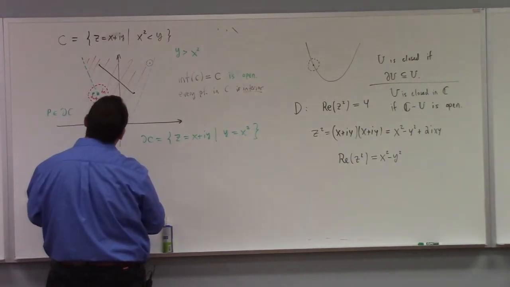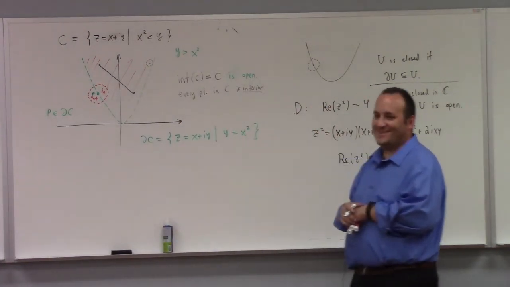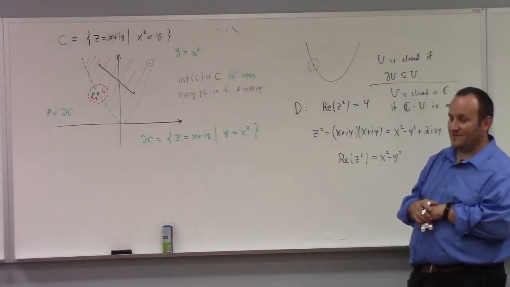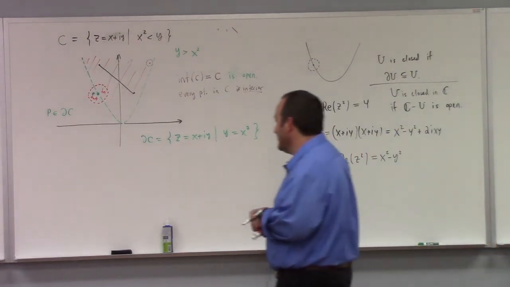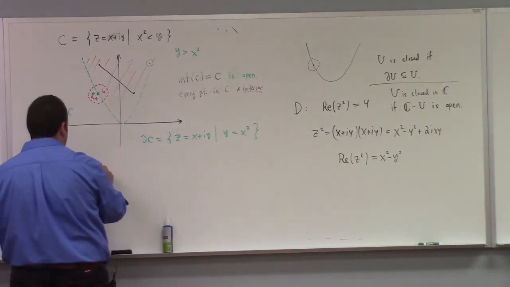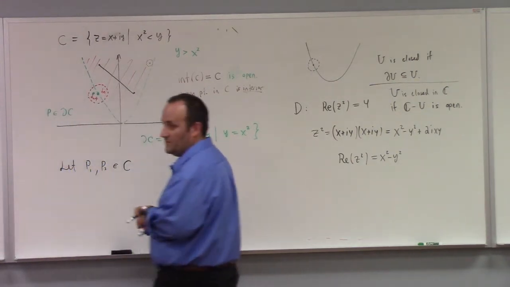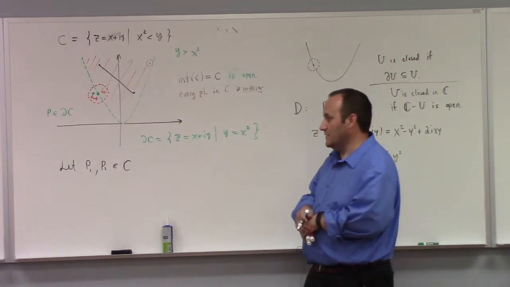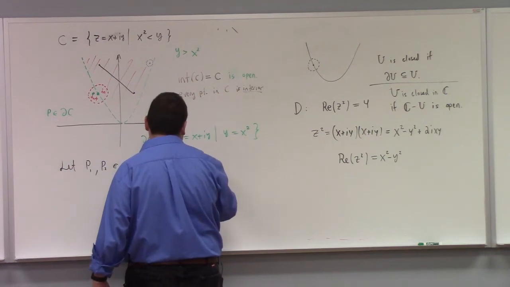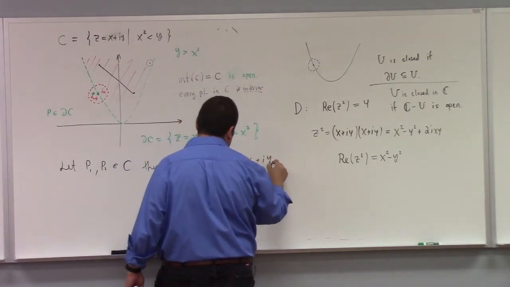Is there any way to do that formally? Oh, you want to make it complicated. You don't need to do it, I'm just wondering what would be involved. All right, let's get into it. Let's get nuts. Pick 2 points. Let P1 and P2 be in the interior of C. Then P1 is equal to x1 plus iy1, and P2 is equal to x2 plus iy2.